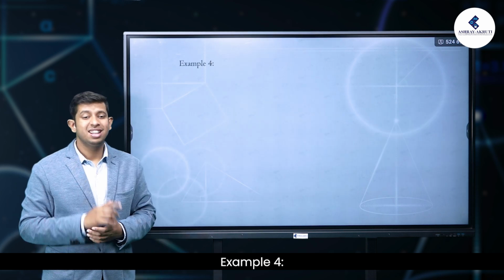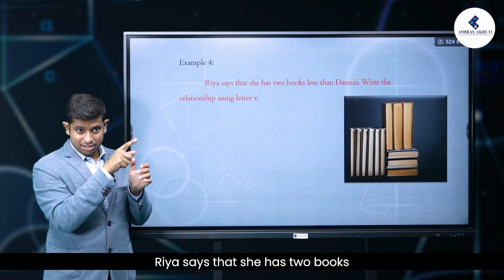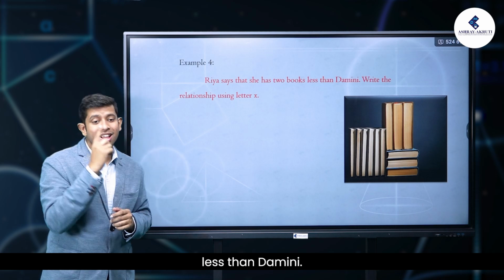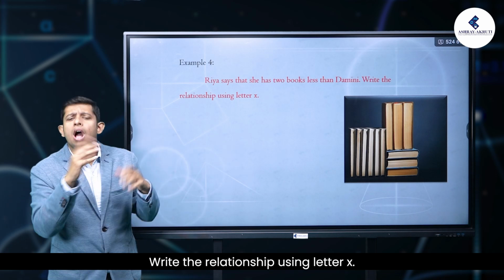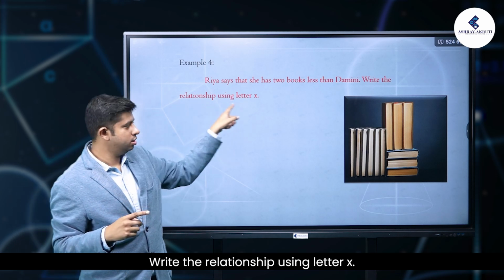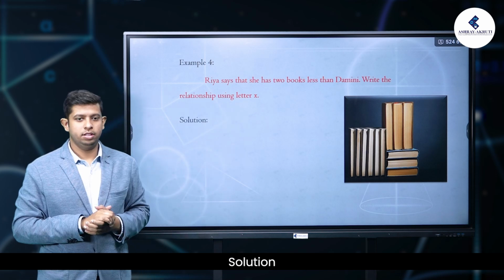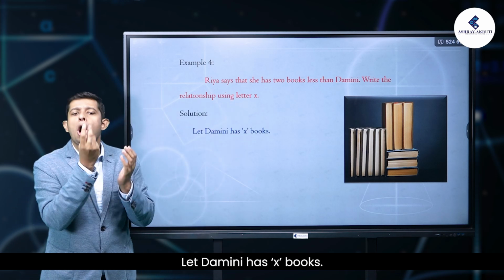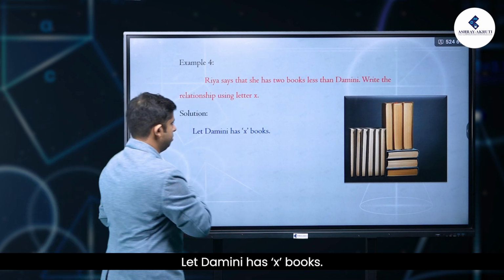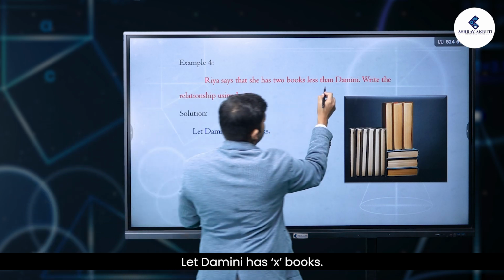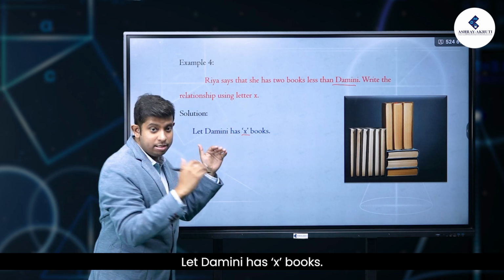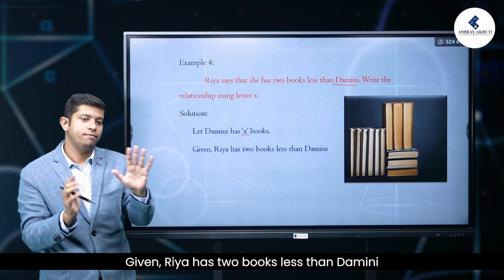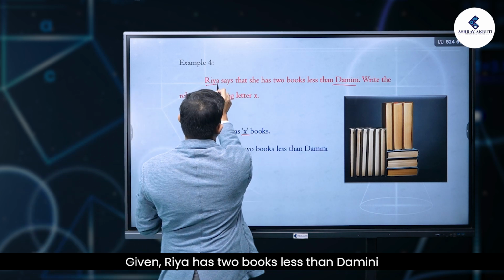Example 4. Riya says that she has 2 books less than Damini. Write the relationship using the letter X. Solution. Let Damini have X books. Given Riya has 2 books less than Damini.